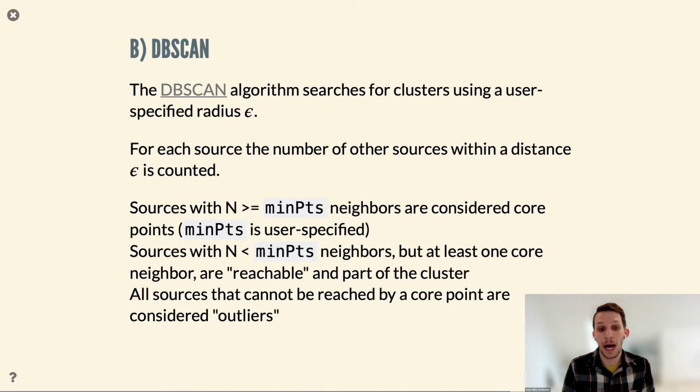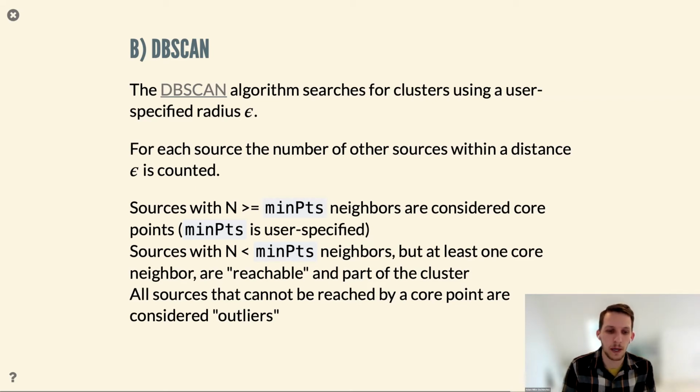If a source has n neighbors within epsilon, and the number of neighbors is greater than some user-specified value, min points, then those sources are considered core points. So the user specifies the minimum number of points to become a core point, and epsilon, the separation between points to be tested.